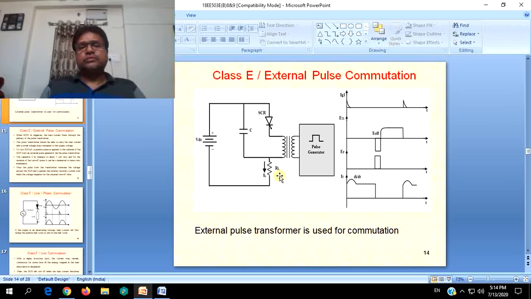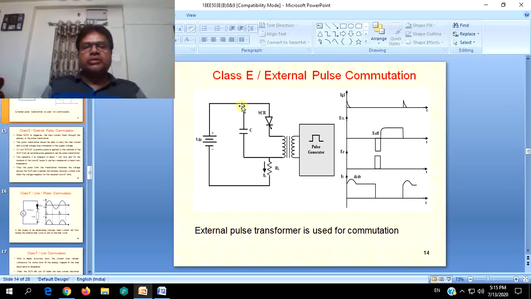That is, the load is connected to the actual source via the winding of the pulse transformer. So because of this, there may be some voltage drop inside the transformer winding, but these problems are taken care of while designing the pulse transformer, which will have very little voltage drop when this load current flows through its winding.